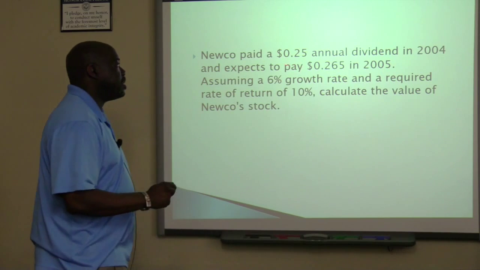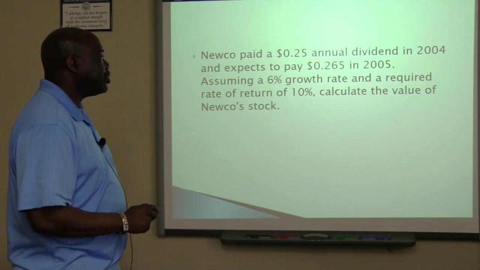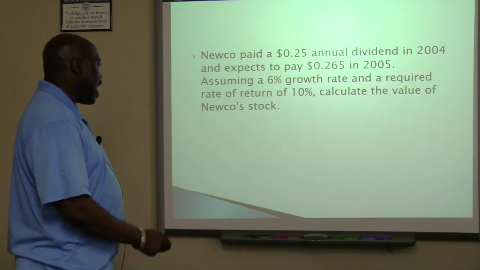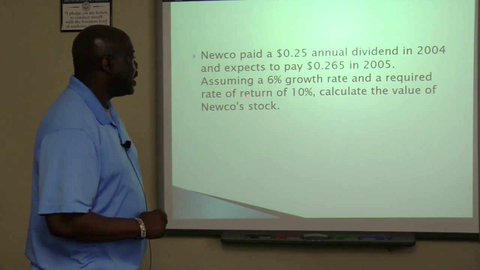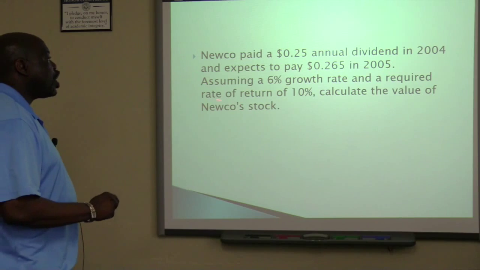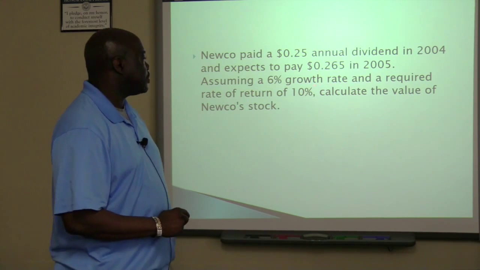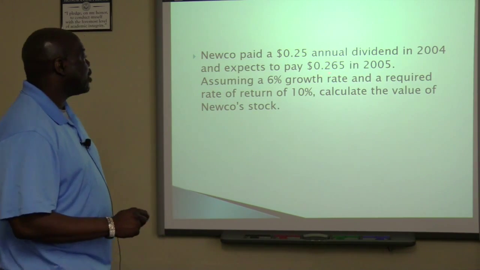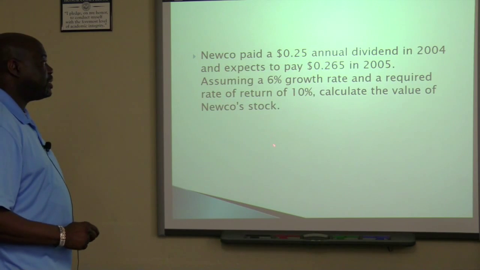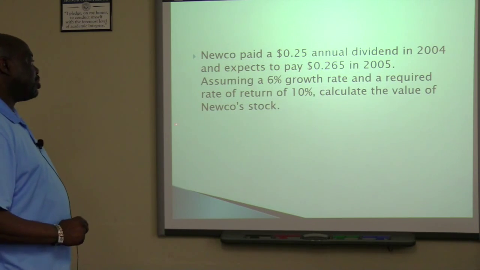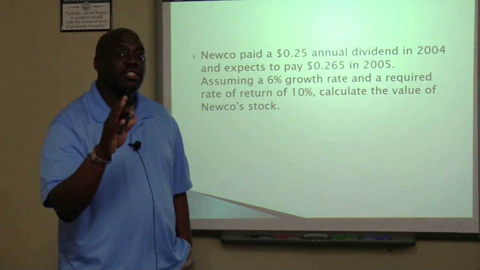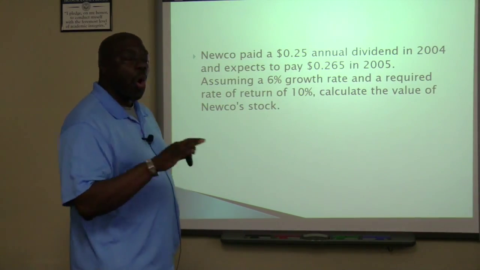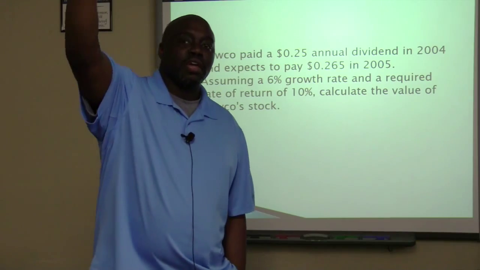NewCo paid a 25-cent annual dividend in 2005 and expects to pay 26.5 cents in 2006, assuming a growth rate of 6% and required rate of return of 10%. Calculate the value of NewCo stock. I know what you're wondering. Is this a current or is it a future?